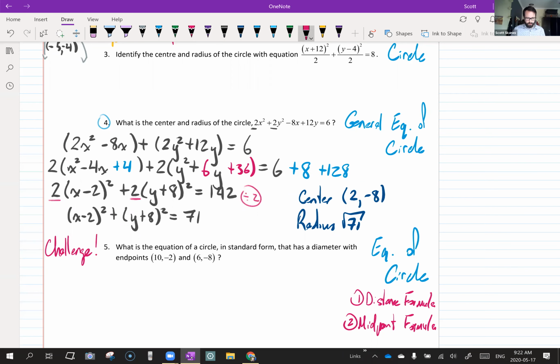Sorry. The basic idea is the same, but I made a mistake in my workings. 6 plus 8 plus 72. Wait. 18. I'm sorry, everybody. There we go. 2 times 9, 18. That'll work out on this side to be 32.